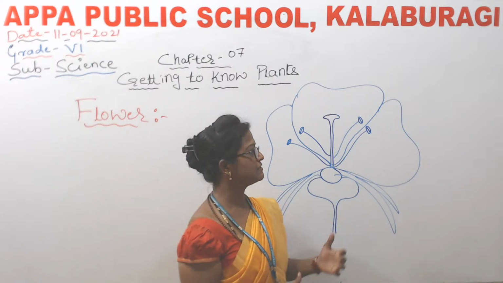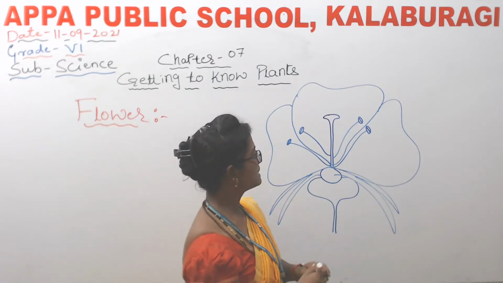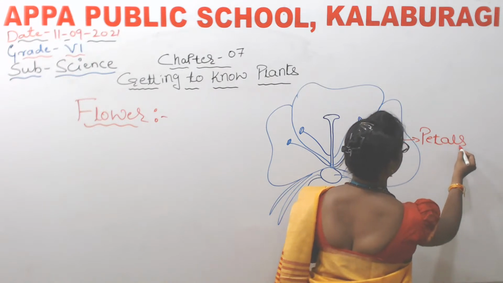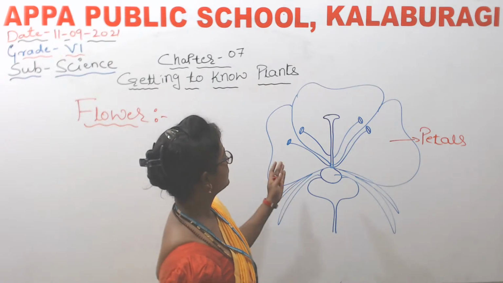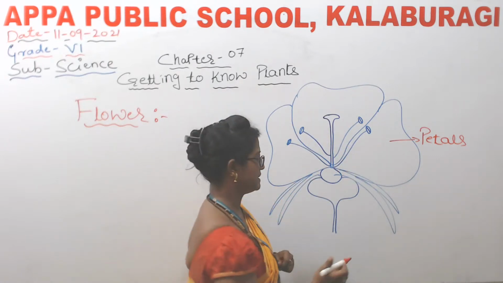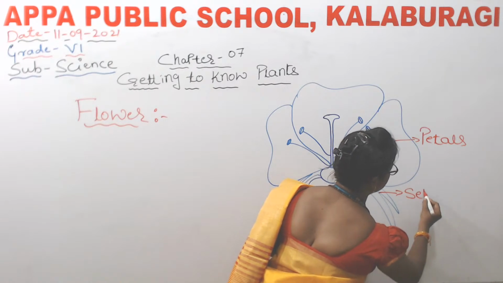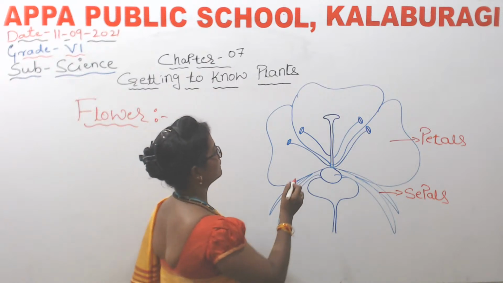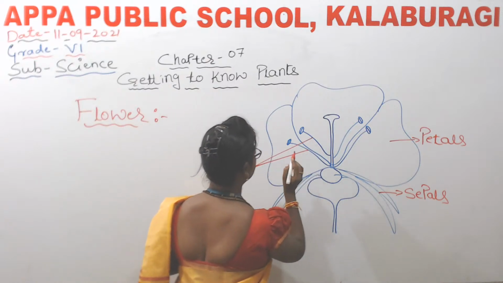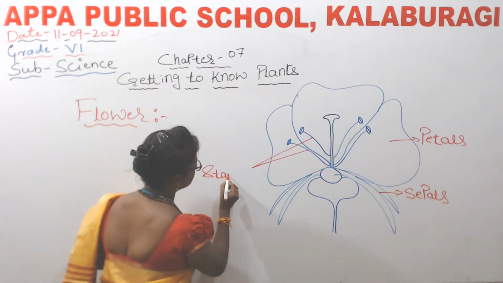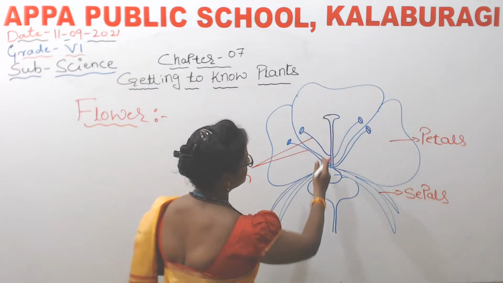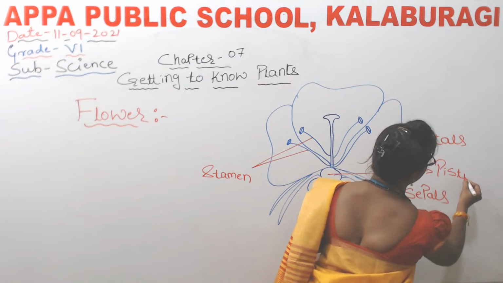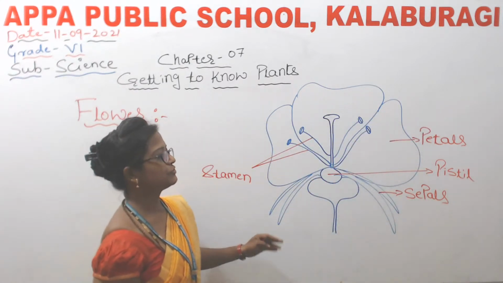Now can you identify the parts of a flower? Yes, children. Just by seeing this, we can say that these are petals, isn't it? These parts are known as petals and these are known as sepals. These are known as stamen and the middle part is known as pistil. Okay, so these are the parts of a flower.